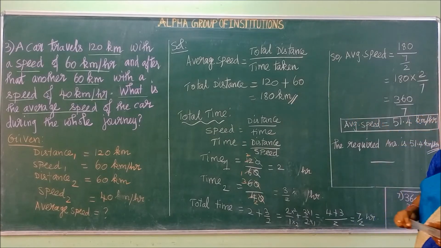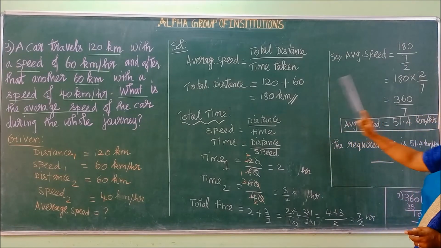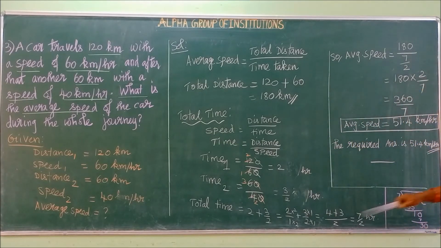Total distance. What's your total distance? 180 kilometer. So 180. What is the total hour? 7 by 2. That I have written here. So when you divide it with a fraction, you can change it in multiplication, but the next number you have to write with reciprocal. Right? 180 by 7 by 2 is equal to 180 into what is its reciprocal? 7 by 2 will go as 2 by 7.